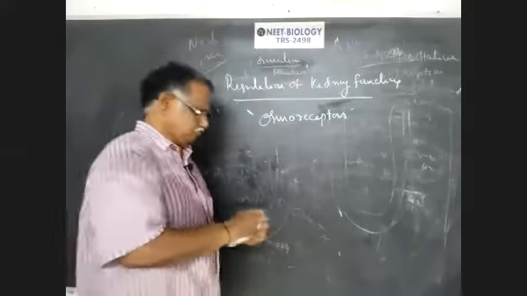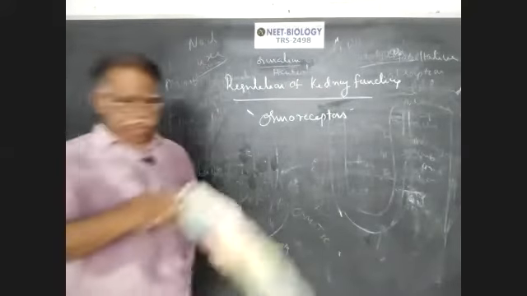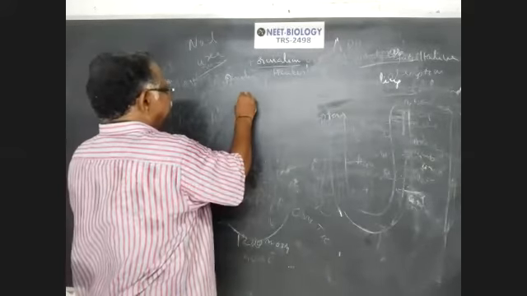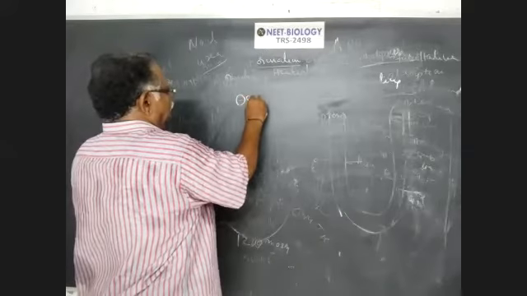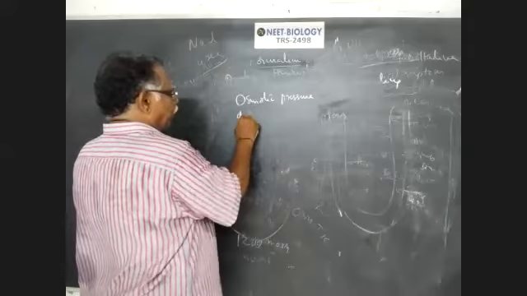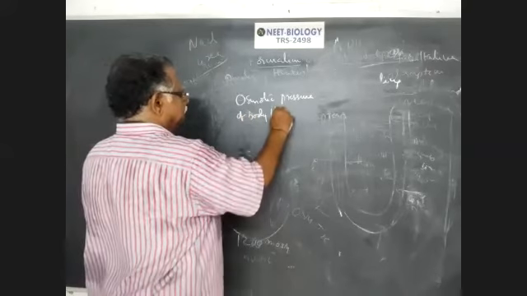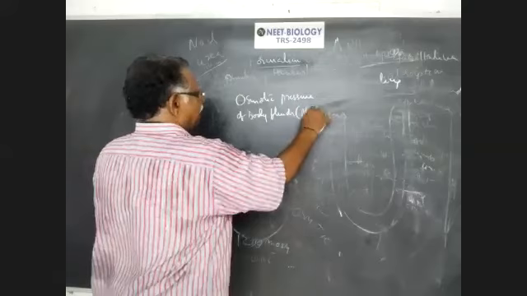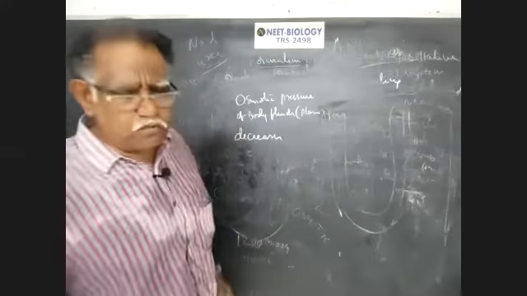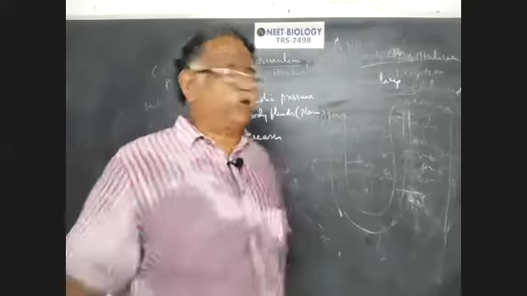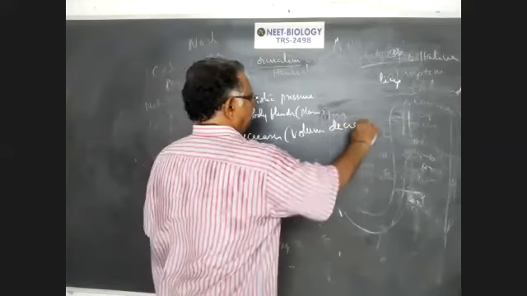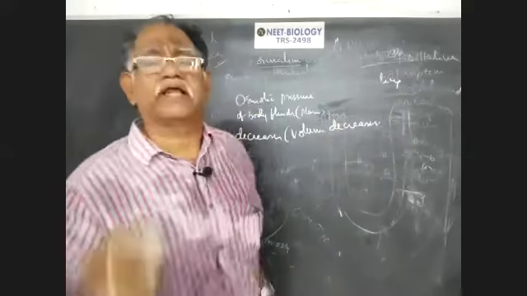So, if the osmotic pressure of body fluids including plasma decreases, suppose the volume of the body fluids decreases, what happens?